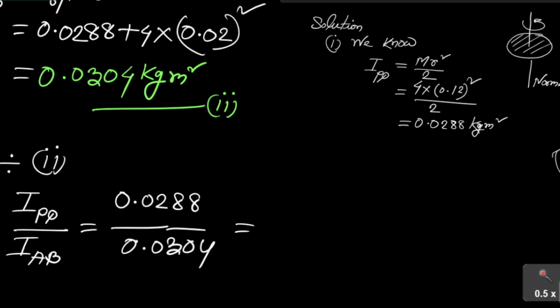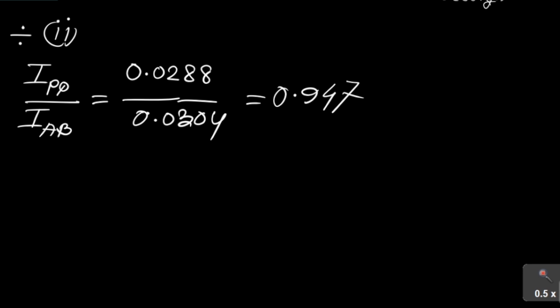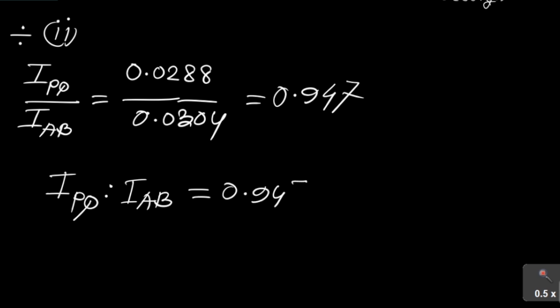After dividing this, we get 0.0288 divided by 0.0304. Finally we get the value 0.947. Okay, so we can write the ratio I PQ to I AB will be 0.947:1. This is the answer of this problem.